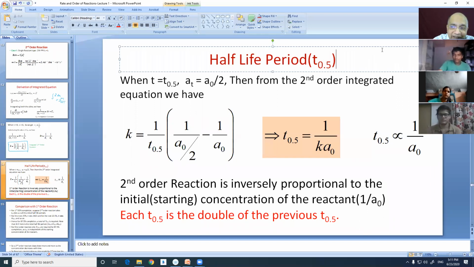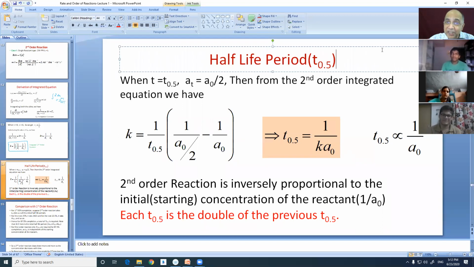So the slogan is: every half-life period is double the previous half-life period. For example, we started from 100 to become 50, one half is gone.